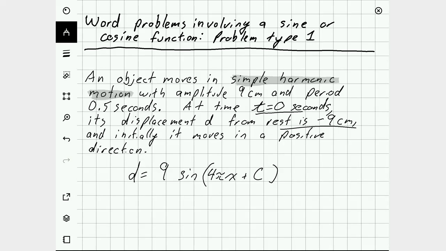In this particular case, that is as big as it gets, right? 9 centimeters is the amplitude. And for my displacement to be the amplitude, that means, well, it's negative, so that means that at 0, I'm looking at the trough of the function crossing the y-axis. In order for that to happen, I don't want sine, I want cosine.